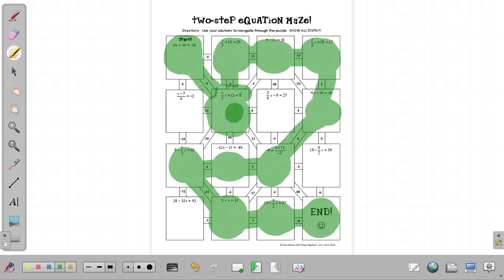But all this means is we go from this box to this box because we got a negative 9. So that should mean the answer to 1/2 x plus 13 equals 9 should be negative 8. The answer to x divided by 3 plus 10 equals 15 is 15.